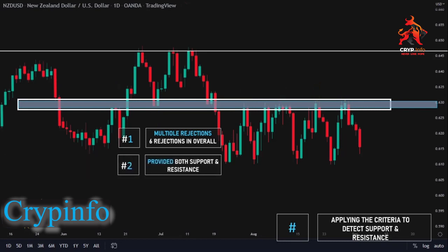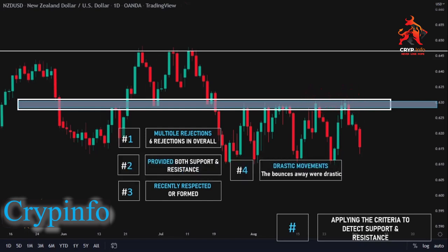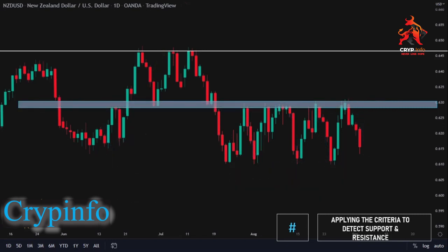This level has provided both support and resistance. 3. The level was recently respected and formed in a recent time period, meaning in the current time period it is still valid. 4. The drastic movement, meaning price drastically bounced away from this level. And 5. The level is obvious, as you should have seen the reversals very quickly from this level.